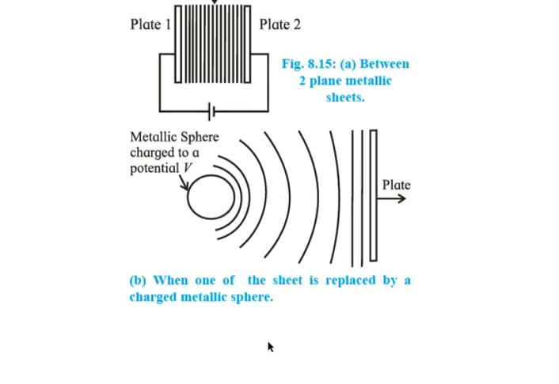Now one more diagram is given in your text. If one plate is replaced by a sphere of potential V, this sphere will produce equipotentials at different distances, and this plane will produce equipotentials which are parallel to one another. So this is the combined diagram of equipotentials for the sphere and the plate.